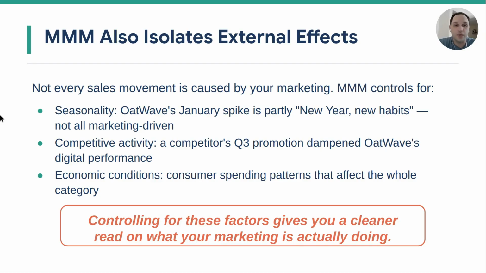New year, new habits. That would have happened regardless of what they spent. In Q3, a competitor ran an aggressive promotion that dampens Oatwave's digital performance. By controlling for these external factors in the model, MMM separates the signal, your marketing's true contribution, from the noise of things happening around you in the market.